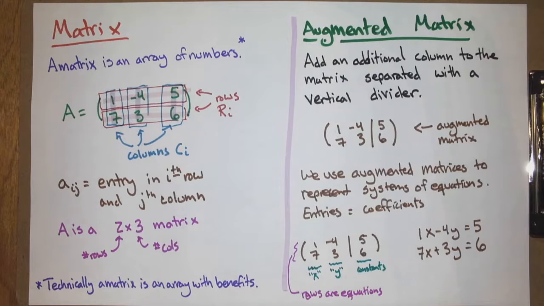But it's more than just a collection of numbers. It's more than just a spreadsheet. I like to say that a matrix is an array with benefits. Now you might say, well, what do you mean by benefits? Well, what we're going to see is that when we use matrices, we're using them in a very particular way.